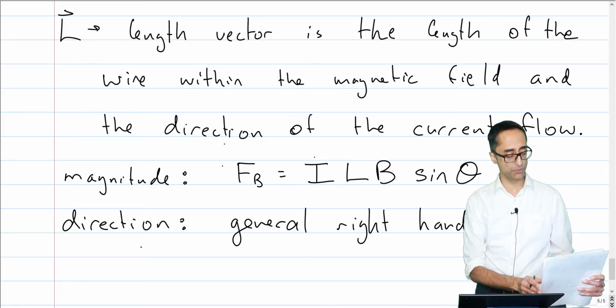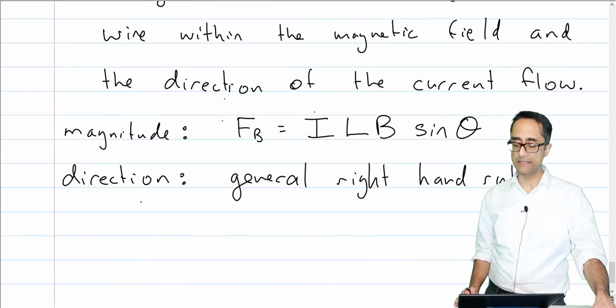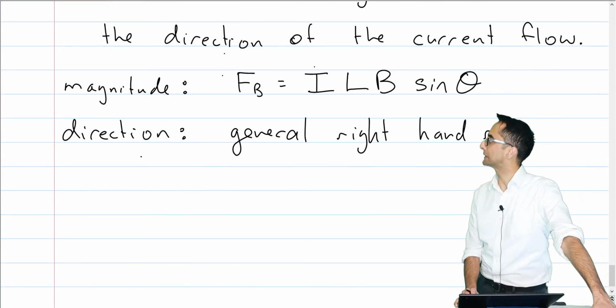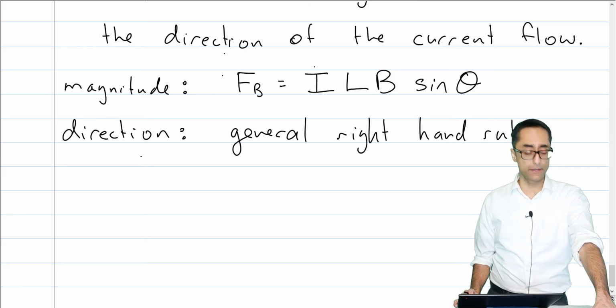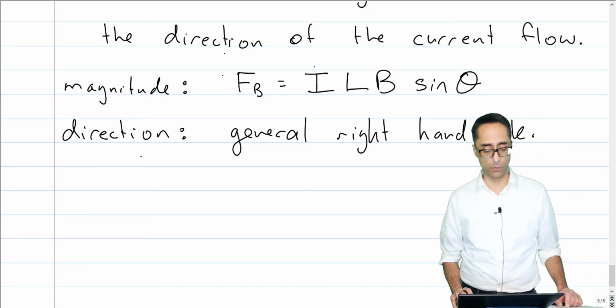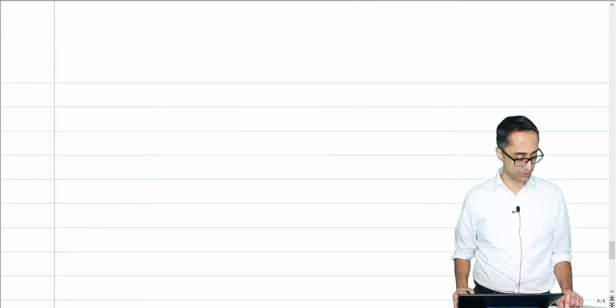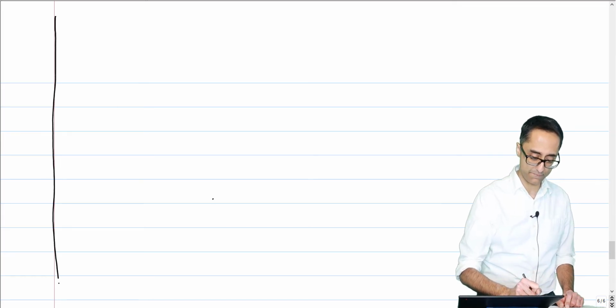So let's do a fun example where we can not only see the effects of the magnetic field on a wire, but also help us to figure out the direction of the force. So I'm going to construct a table of magnetism.